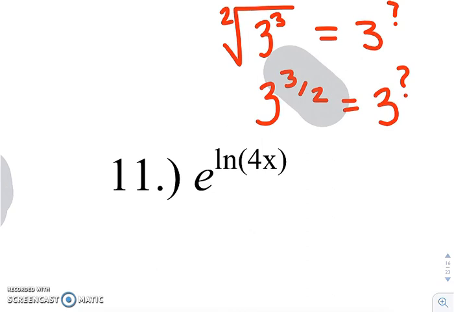This is e, an exponent with base e to the power of a natural log. So if we rewrote it or undid it, we would have natural log and natural log. So they would cancel out, and you would be left with 4x.